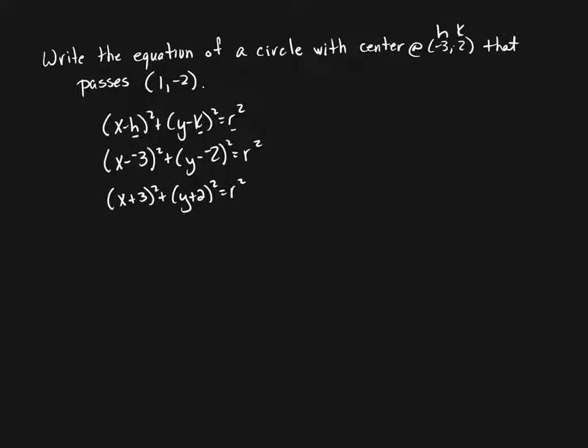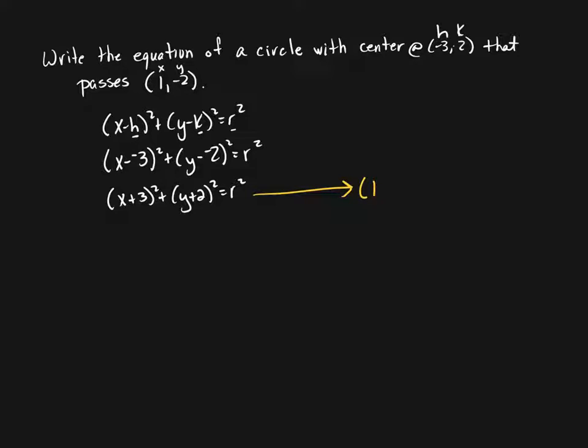They've given us an x and a y that works. We know that the circle goes through it. It's one of those points that make the equation true. So let's use that information over here, and let's plug in and see if we can solve for our r.